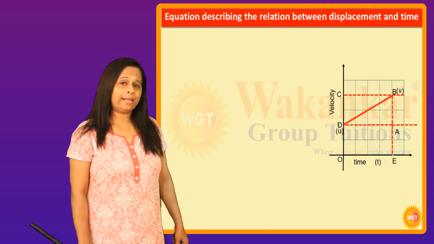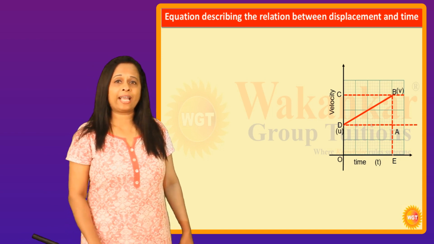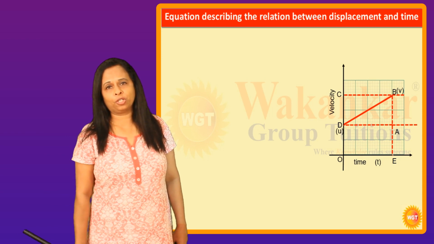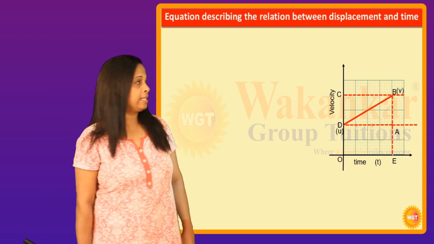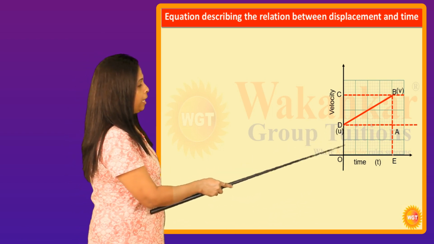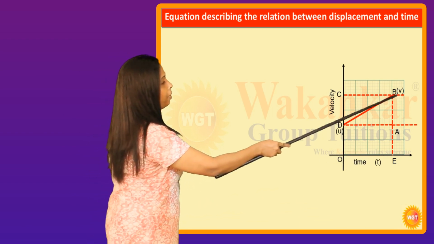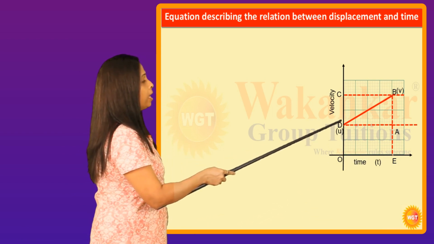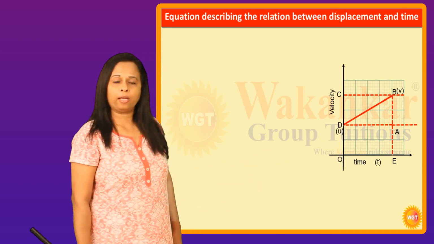Students, let us see now how to derive the second equation of motion. We already have seen the prerequisites of it. This is our graph and I told you DOEB is a quadrilateral, or we can call it a quadrangle.